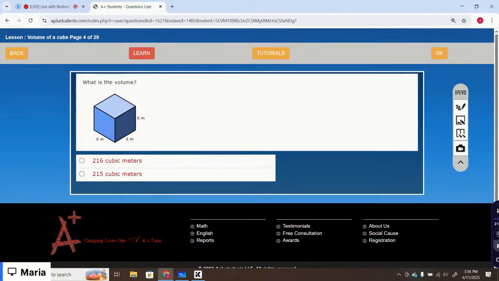What is the volume? Which is the correct option? That is 6 times 6 times 6. That equals 216 cubic meters. Option number 1 is the correct option.